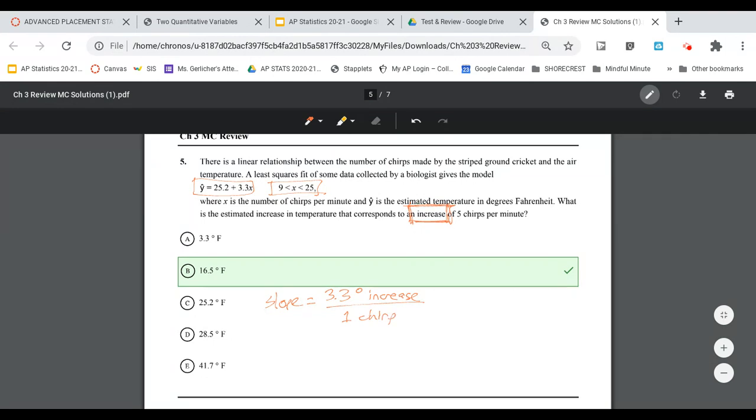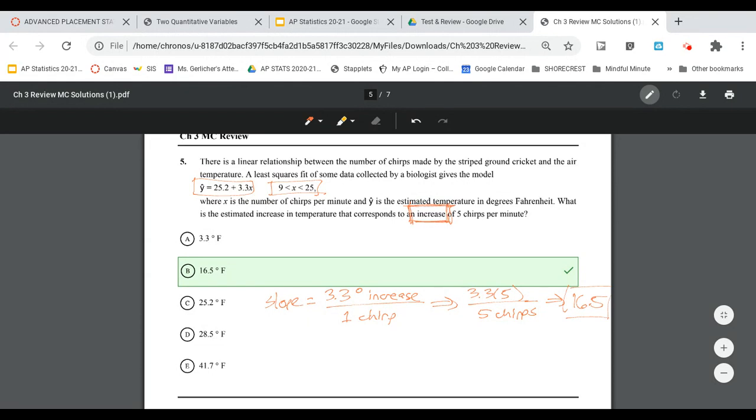Every time you add a chirp, your predicted temperature would go up by 3.3 degrees. So we could make this proportional. If we're interested in an increase of 5 chirps, it's just 3.3 times 5. 3.3 times 5 on my calculator is 16.5.